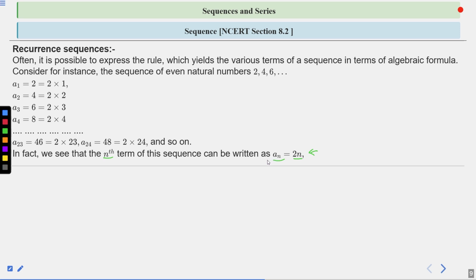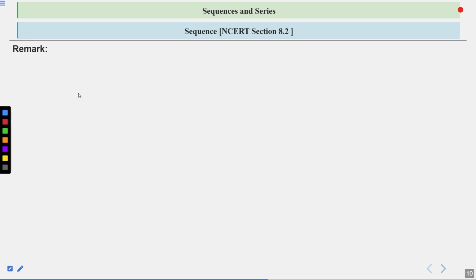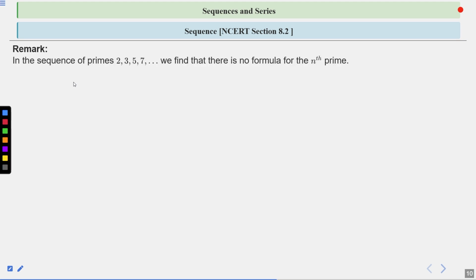Moving to next. Now some remarks. In the sequence of primes 2, 3, 5, 7, 11, and so on, we find that there is no formula for the nth prime. We cannot guess, here we are not having any nth formula, any nth expression, as we saw in the previous one.